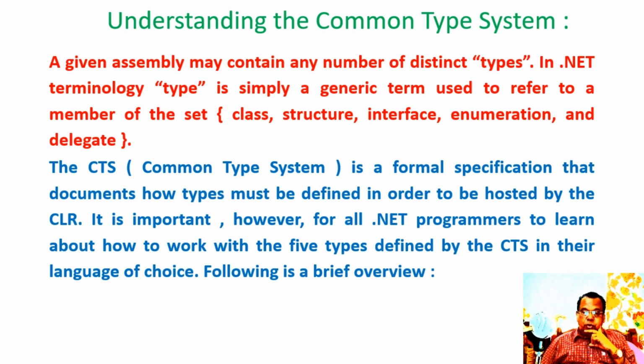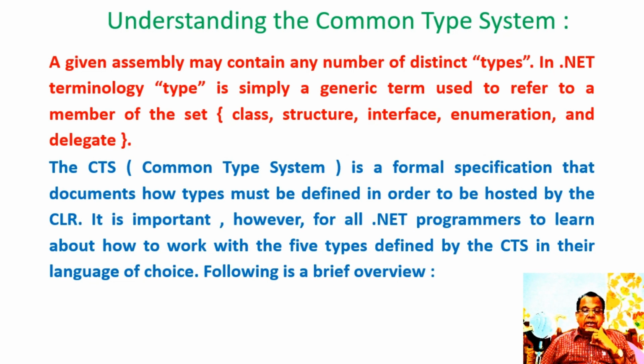Each one is a type. It can be either a class type, a structure type, an interface type, an enumeration type, or even a delegate type. It's a very important concept in C#.